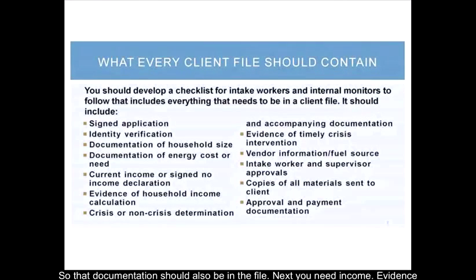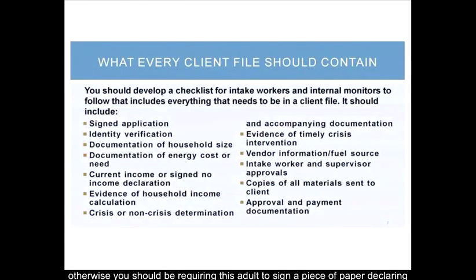Next, you need income. Evidence of income or a signed statement of no income declaration. So many people are already collecting income documentation. But when you have 3 or 4 adults in the household, you have to assume that each adult has some sort of income.